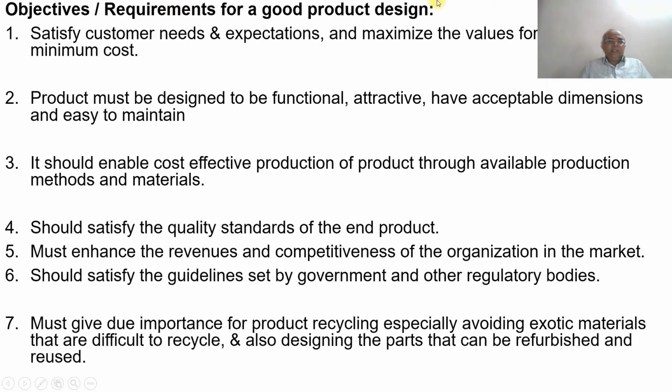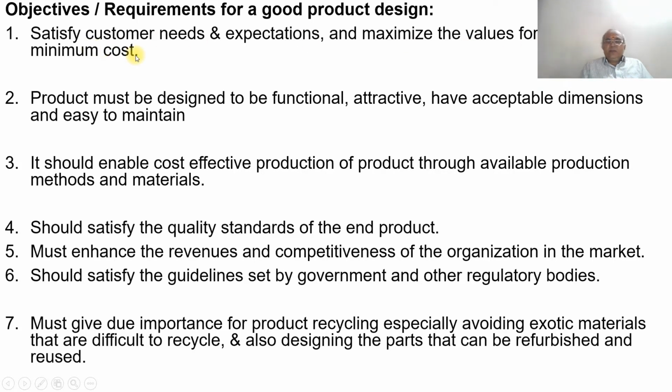Now, what are the objectives and requirements for good product design? The objectives or requirements of a good product design: one is to satisfy customer needs and expectations and maximize the value for the customer at minimum cost.